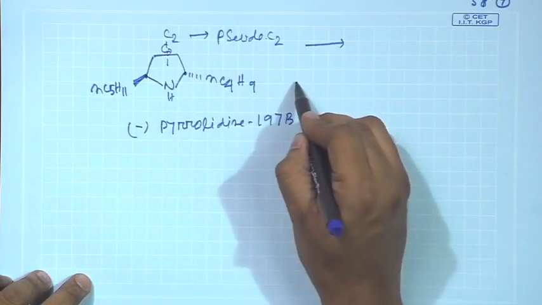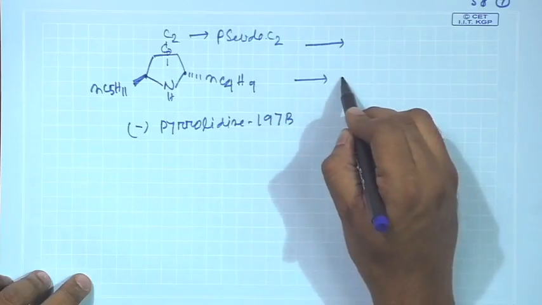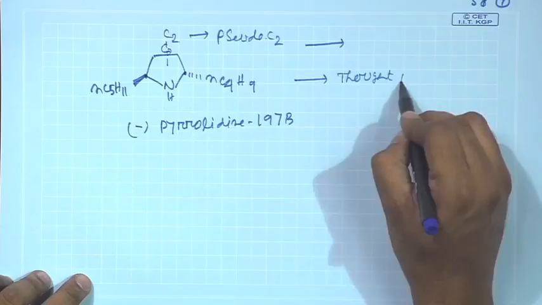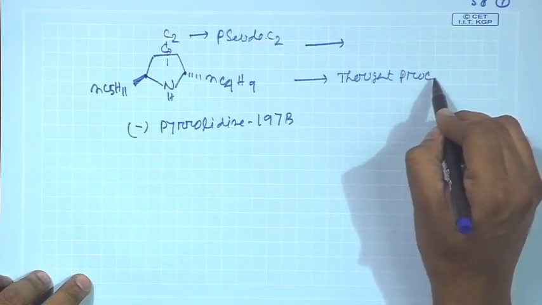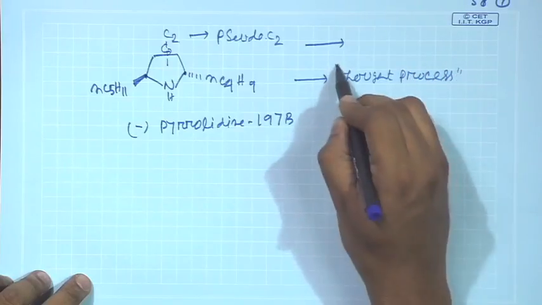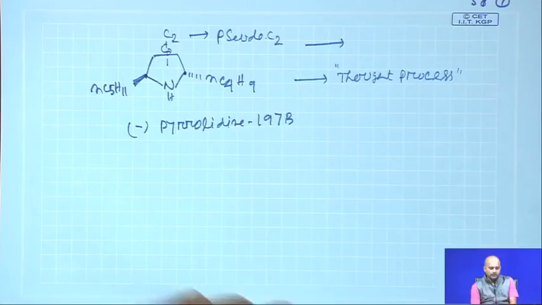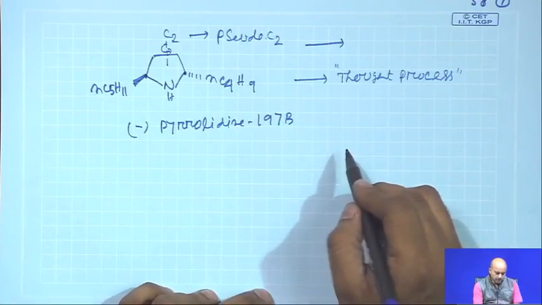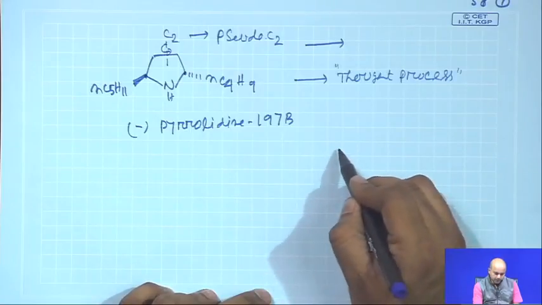Now, probably I will give you this as a thought process. You go and start thinking on your own how this compound can be created, but let us try to give you a hint.